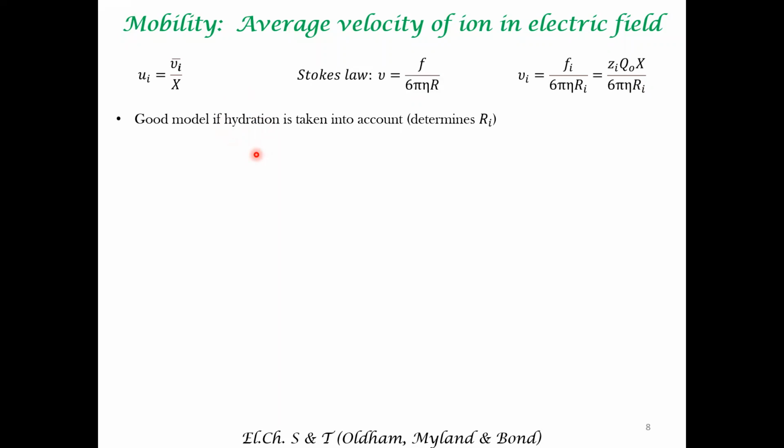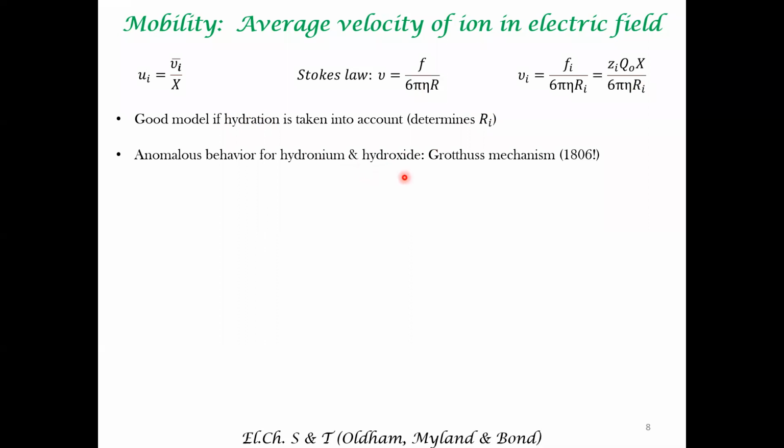So, without going into such details, what I'm trying to insist is this is a pretty good model if you incorporate waters of hydration, and after incorporating waters of hydration, you have to document R_i. This is a good model for most of the ions, and where it really doesn't capture the details is in the case of hydronium and hydroxide ions, the transport that you see in these kinds of systems.